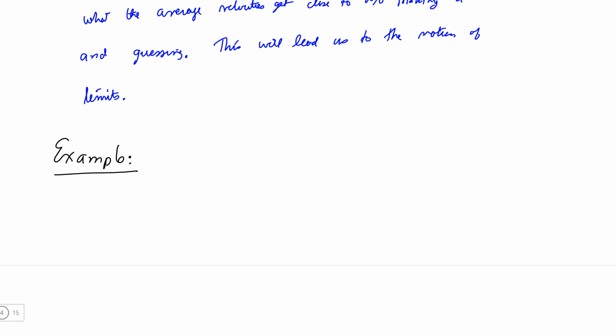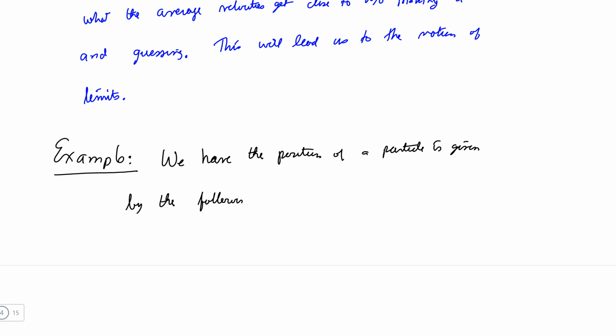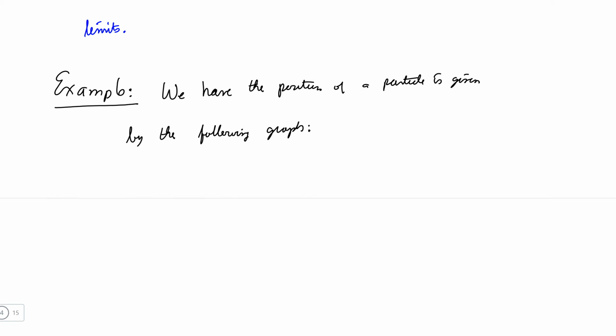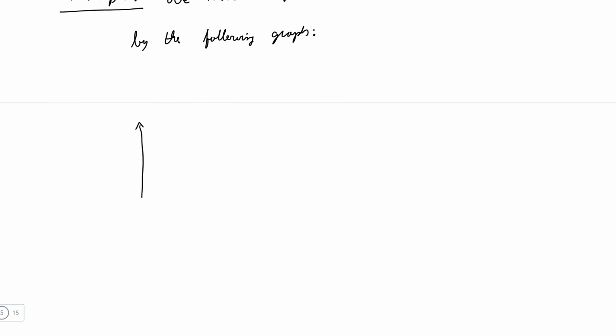So the position of a particle is given by the following graph. Let's go ahead and make our graph.